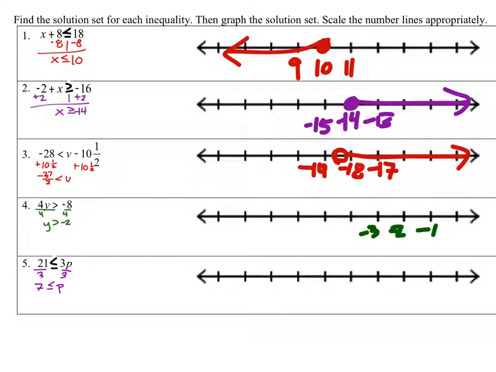Doesn't matter where we put those. Open at negative 2, does it eat the y? Yes, it does, so it goes to the right. And then finally, this one, at 7, it's going to be closed, so we'll make it 6, 7, and 8. Closed at 7, going to the right, because it eats the p. So, this would be the graphs for all of these, just a few more left.